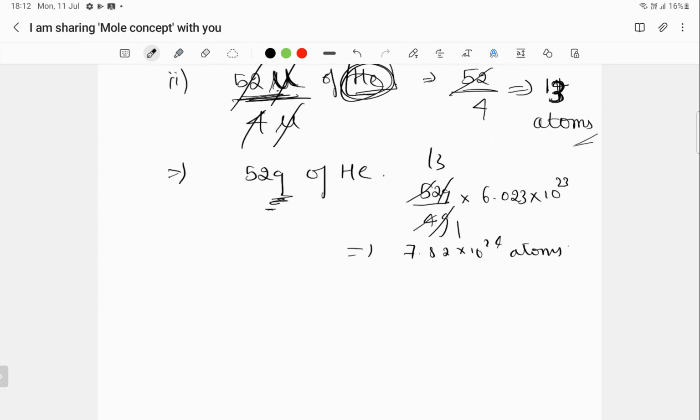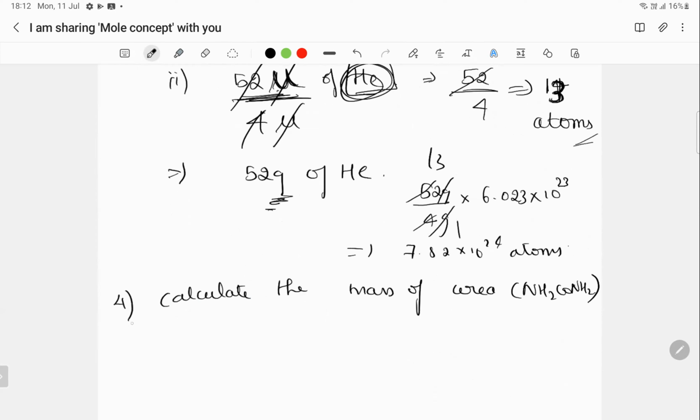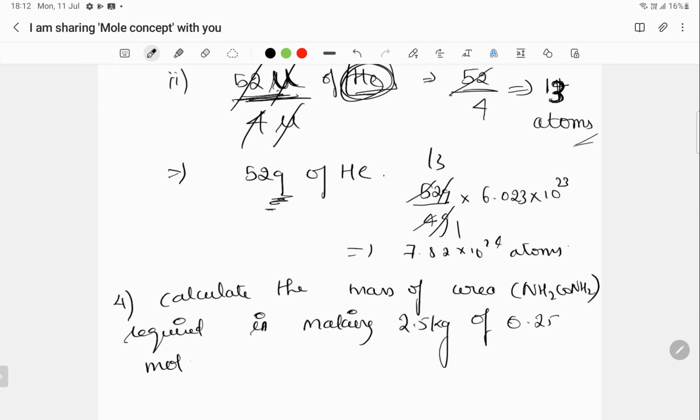Think a little bit. Calculate the mass of urea, NH2CONH2, required in making 2.5 kilogram of 0.25 molal aqueous solution.